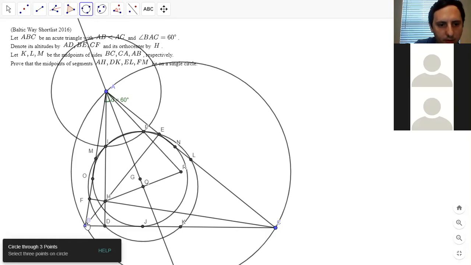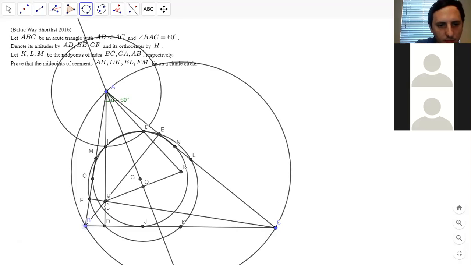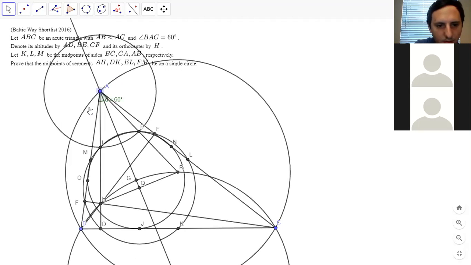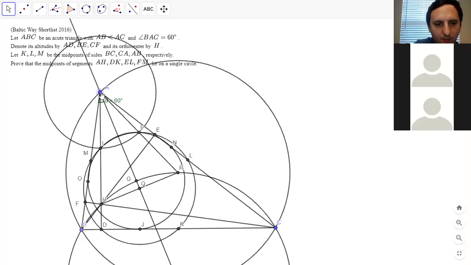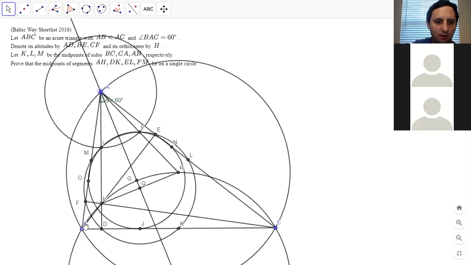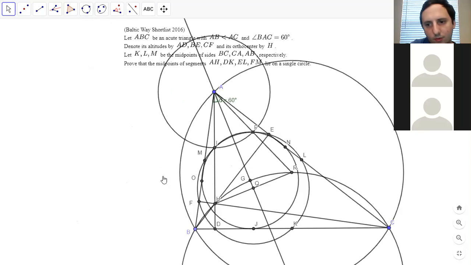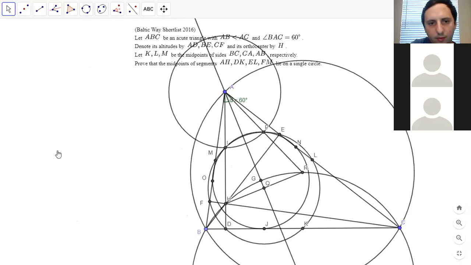That's what you're saying. And does it pass through G? I'm not sure if it does. It looks like it does. Yeah, I'm not sure of the proof of all this stuff.